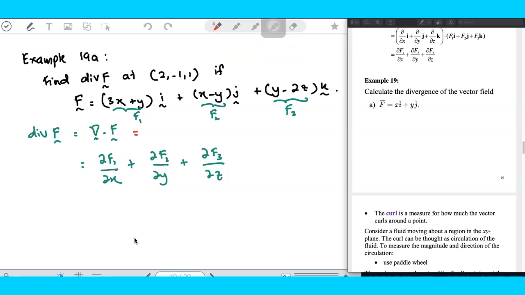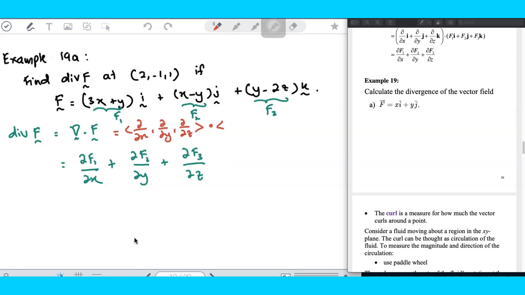From the gradient we have del x, del y, del z, and then dot with f1, f2 and f3.